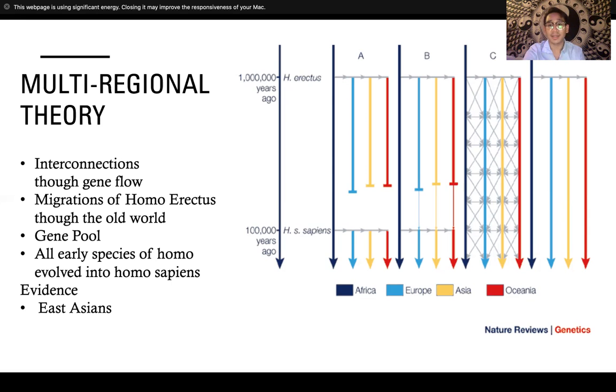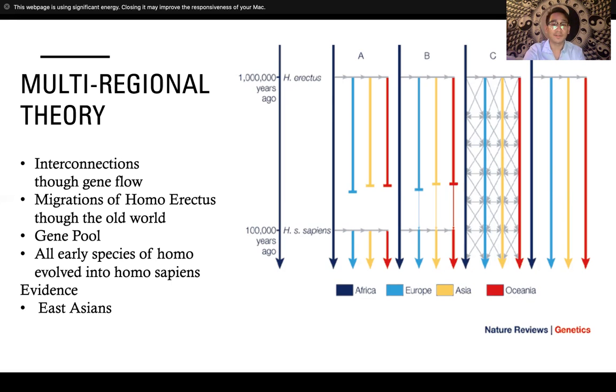The anatomy, measurements, and features of skeletal remains were all used to distinguish early hominids. An example of this would be late Homo erectus populations across Asia to Homo sapiens.